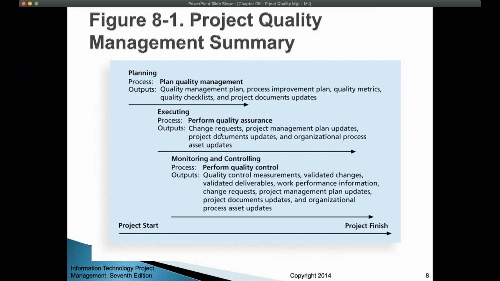Then in the quality assurance performance, while executing, there may be some problems in the execution or in the product. Then you start to rectify these problems, and any change to the products also needs to go through the same procedure that we always talk about, which is the change request.